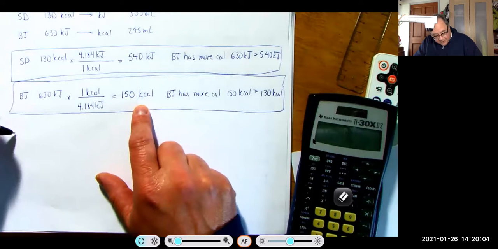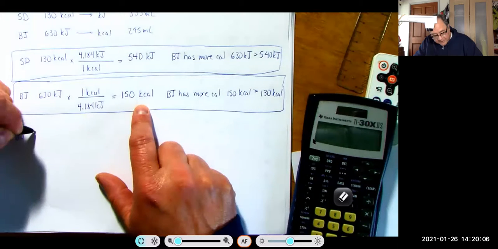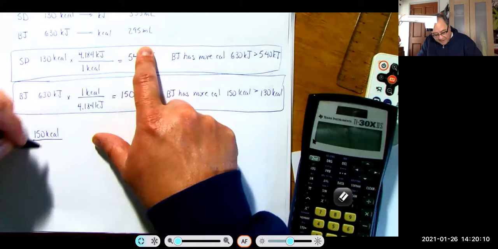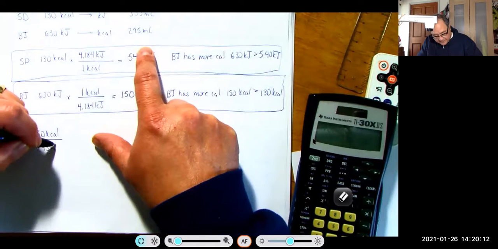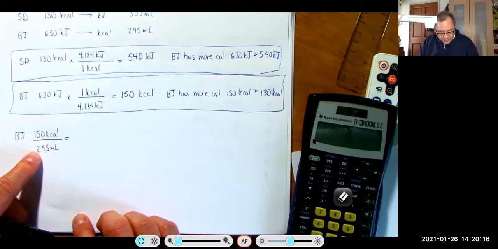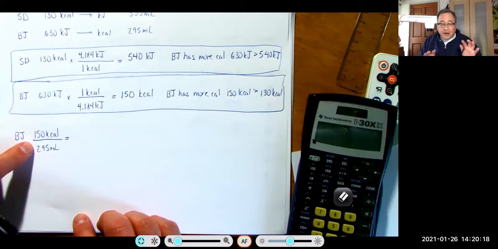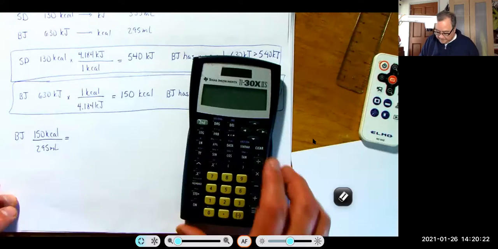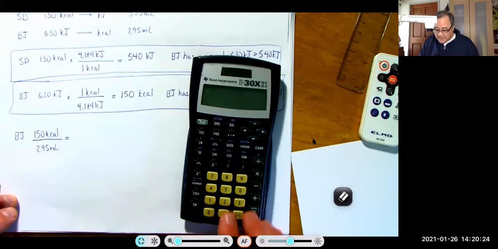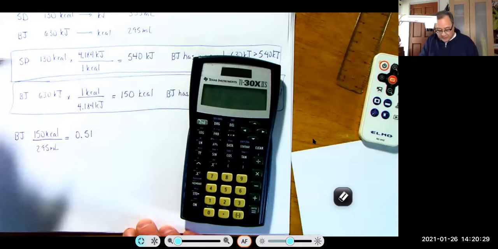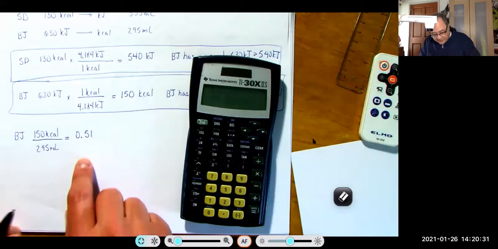So for the berry juice, you have 150 kcals per 295 milliliters. 150 goes into that about 2 times. So this is going to be like 1 over 2, which is about 0.5. So let's see what we get. And I get 0.510, but I only get 2 significant figures.